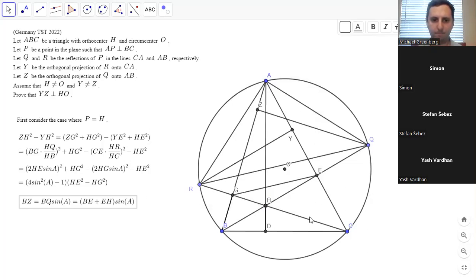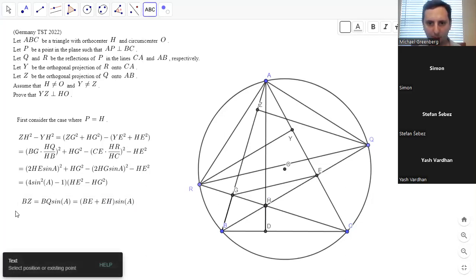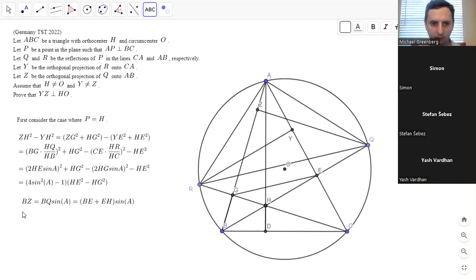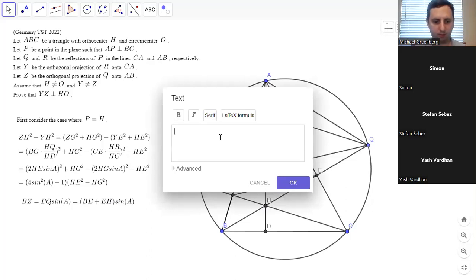Okay, so this is BZ, and then we also have CY. That would be CF, CG plus GR.